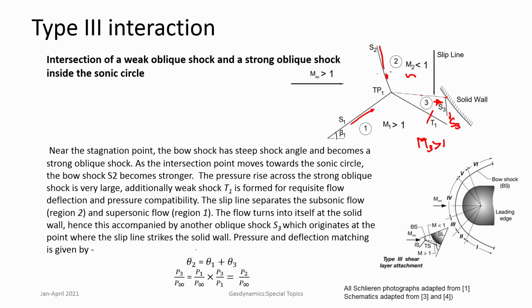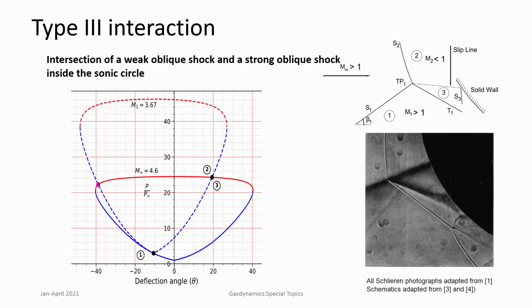You have a slip line or a shear layer impinging on the solid wall. Therefore, you can get an increase of heat transfer at that location, followed by a production of a shock wave also.